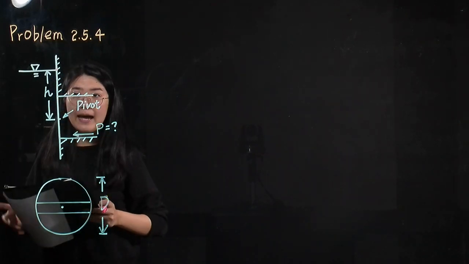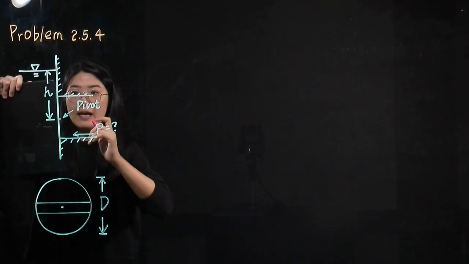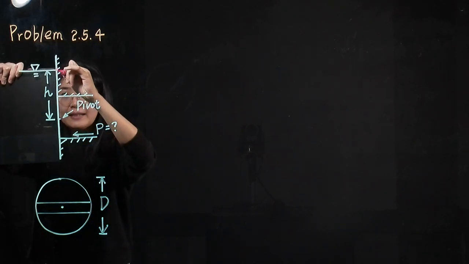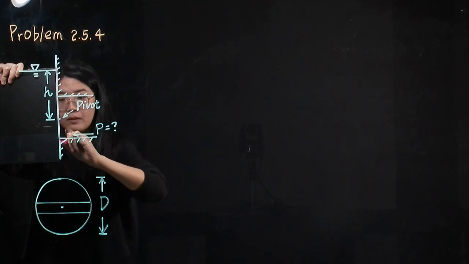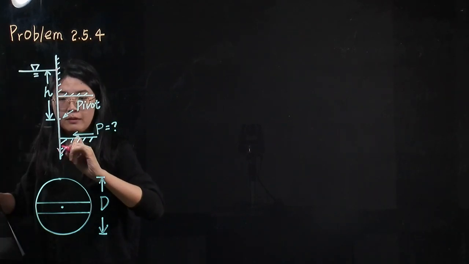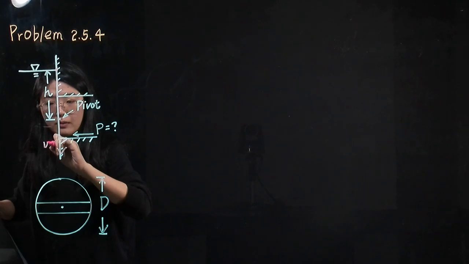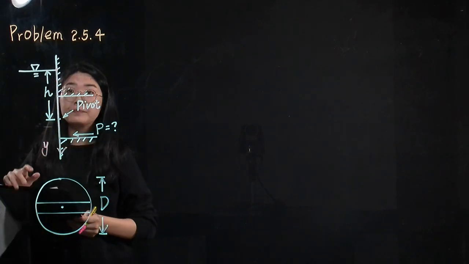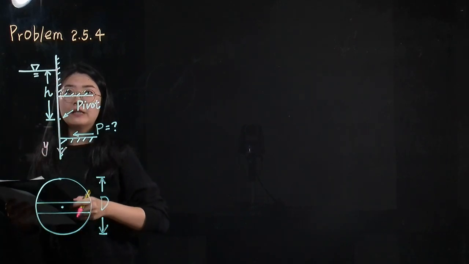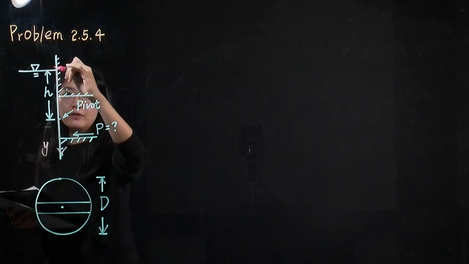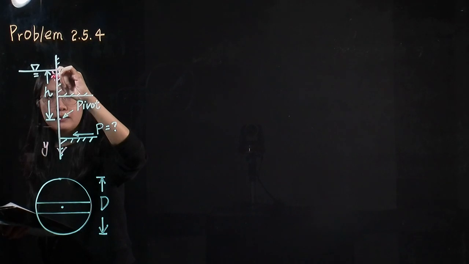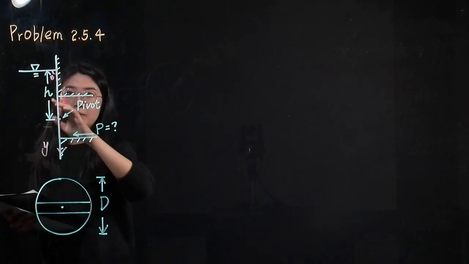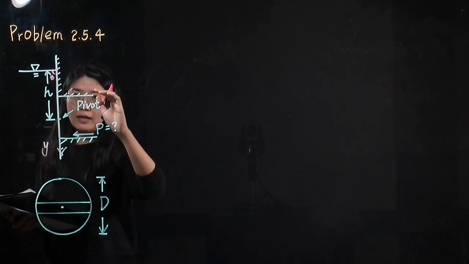And then the y-axis is along the wall and perpendicular to the x-axis. So here is our y-axis. And the angle between the free surface and the wall, we call theta. In this problem, theta is equal to 90 degrees.